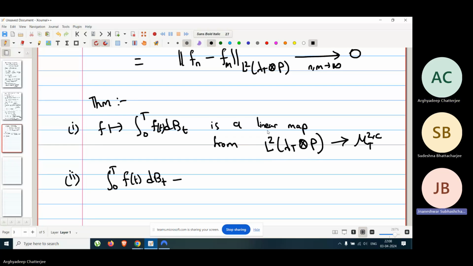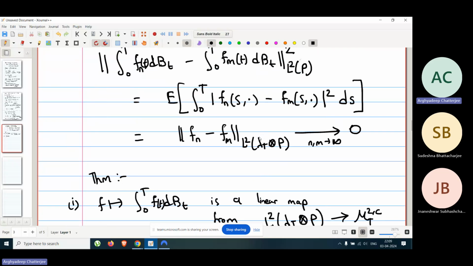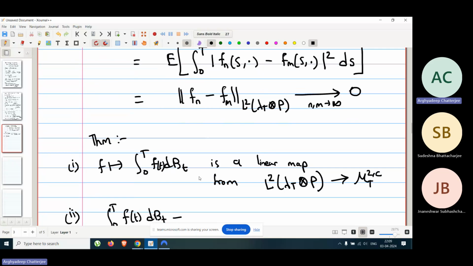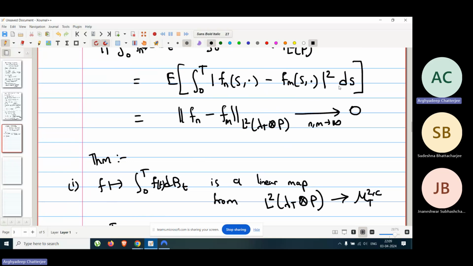But checking that that norm is finite, probably it depends on the example. For example, if f was not dependent on omega, if it was a deterministic function, let's say sine t, then we just have the integral from 0 to t of sine squared s ds.